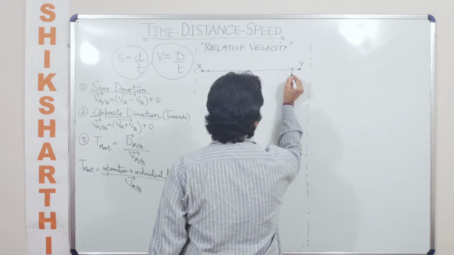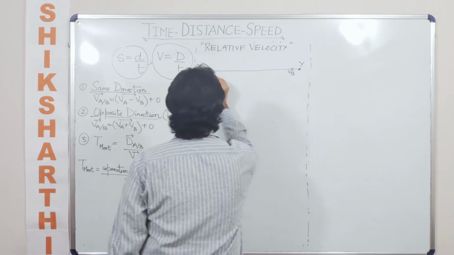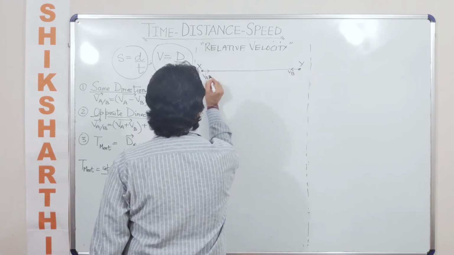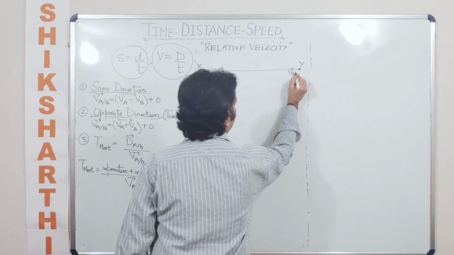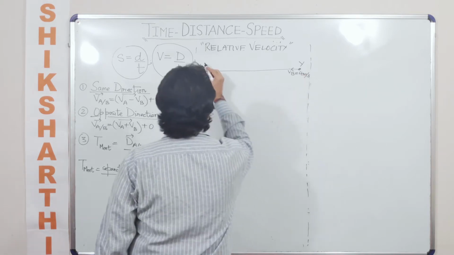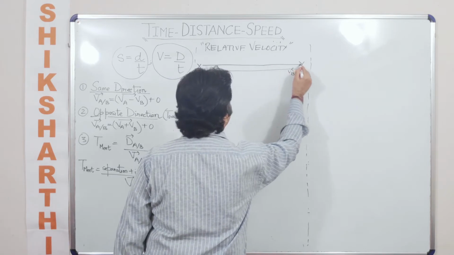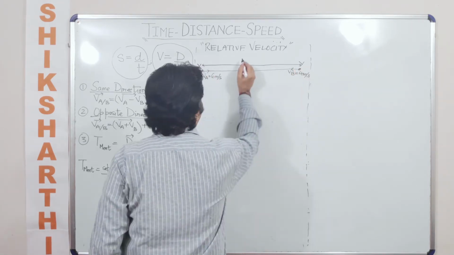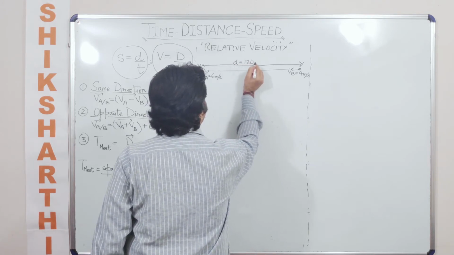So let's say B starts from here with the velocity VB, and A starts from X with the velocity VA. Now let's say VA is given to you as 6 meters per second and VB is given to you as 4 meters per second, and the distance of separation D here is 120 meters.